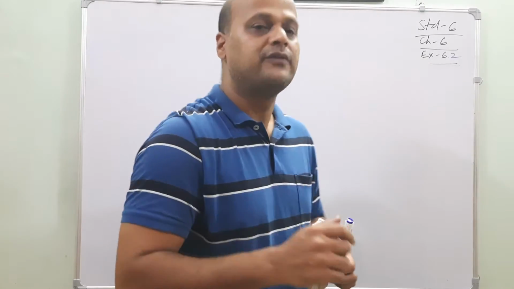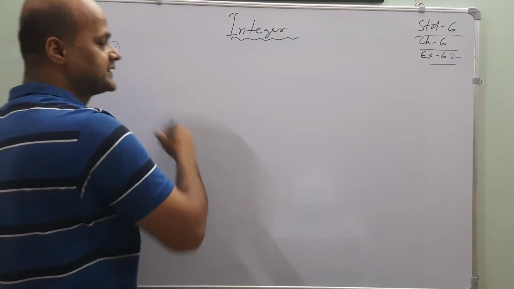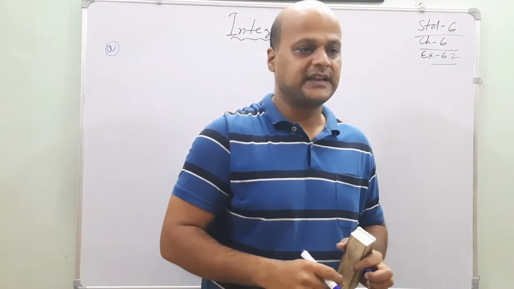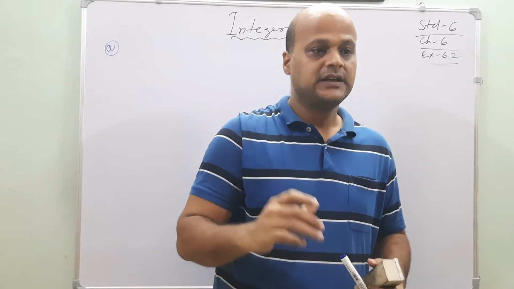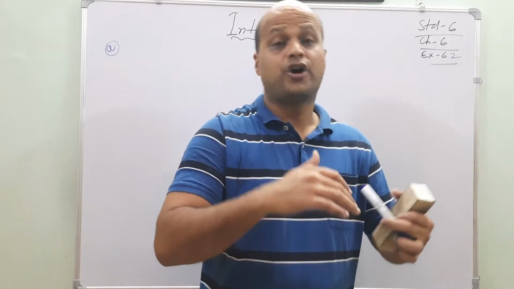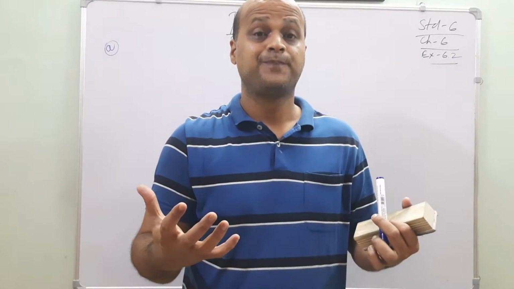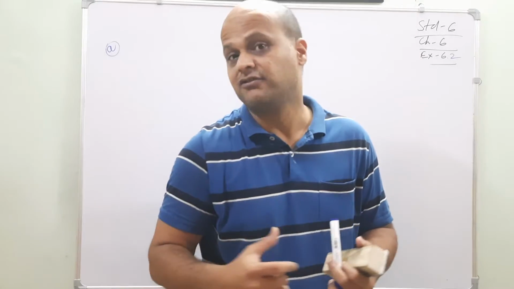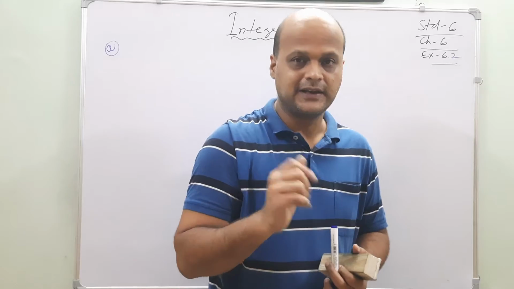First, exercise 6.2 is saying that using the number line with the integers, we have to add, or find greater or less. What is the final integer that will come? You have to find it with the help of the number line. Okay, let's do it.